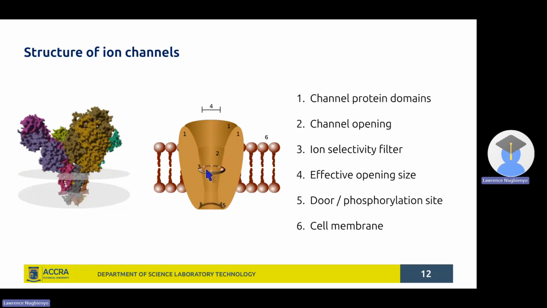And now, number 3, you see what is being referred to as the ion selectivity filter. The ion selectivity filter is some amino acid residues. You do remember we've dealt with proteins, and you understand things like the active center of enzymes, where you have specific amino acids that can interact with substrates.